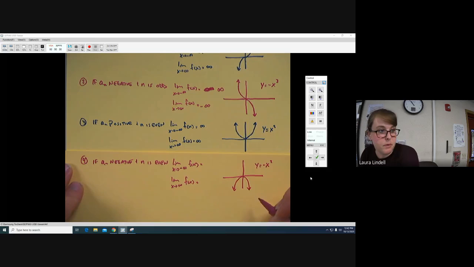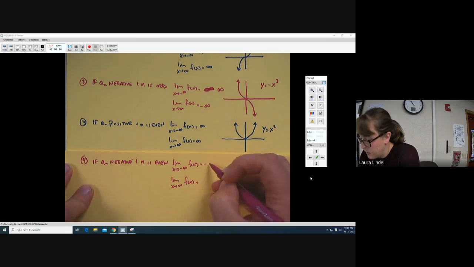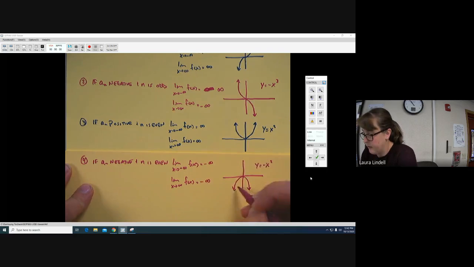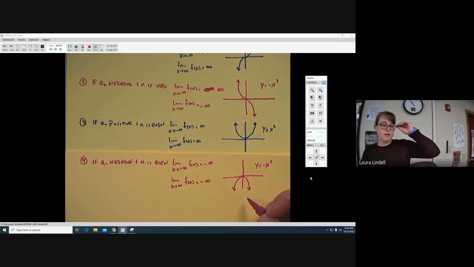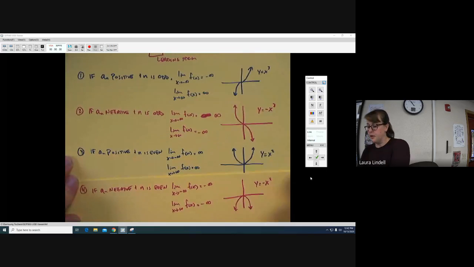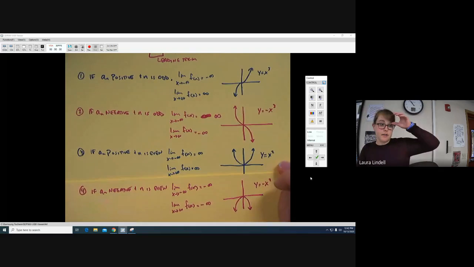So it's just a flipped parabola, and they both end up going off to negative infinity. Okay, so those are our four options here using the leading term test.